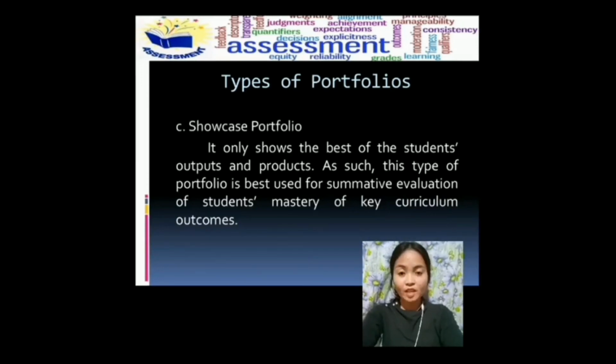And lastly, we have the showcase portfolio. It only shows the best of the students' output and products.